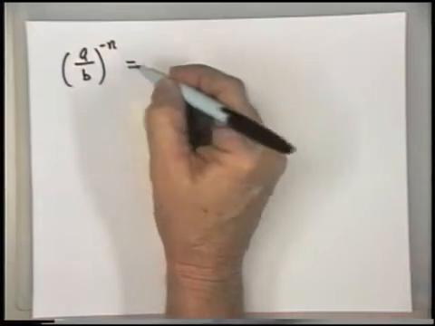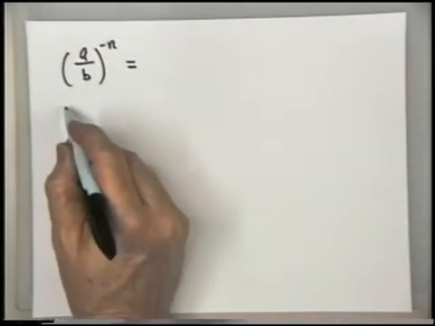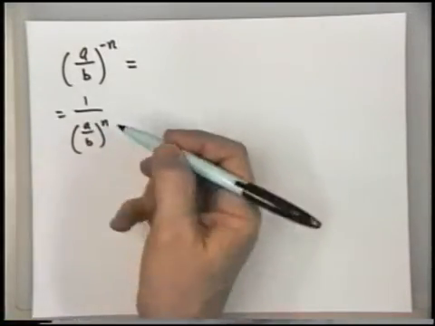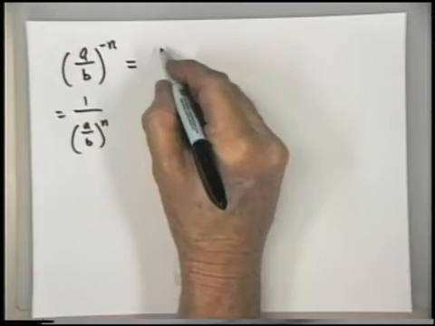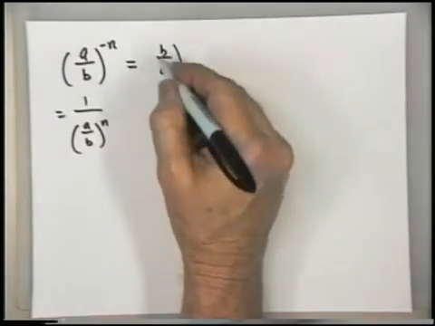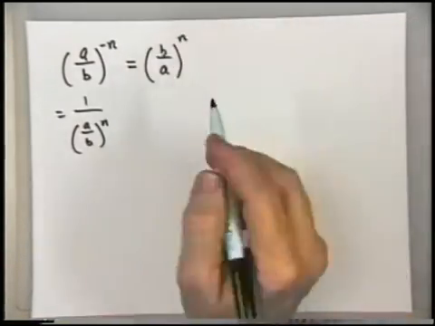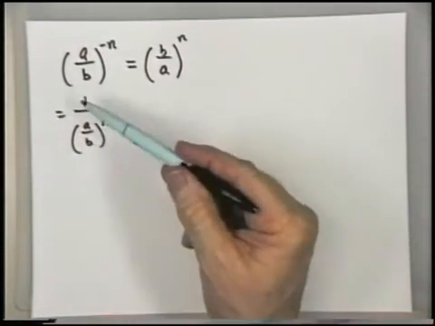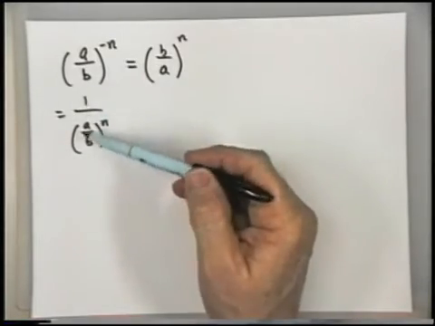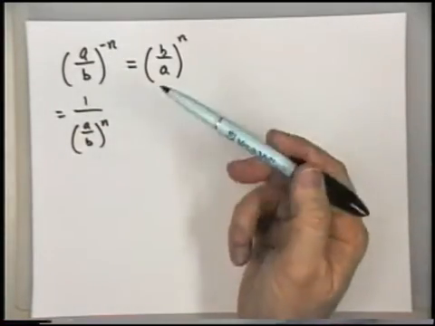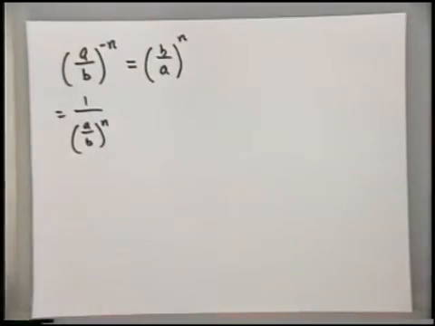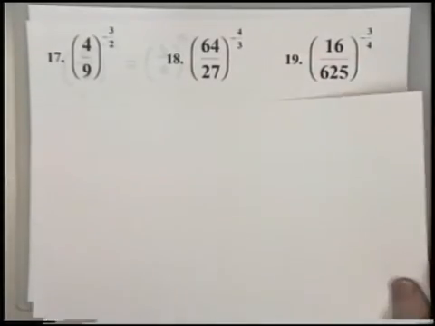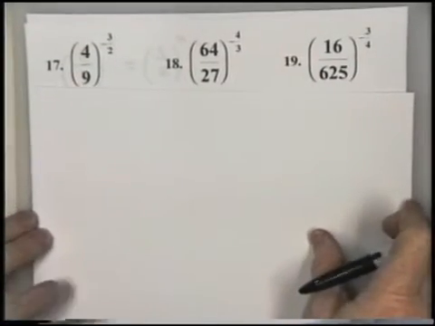And you might recall that a way to simplify that, besides writing it as 1 over A over B to the nth power, is to take the reciprocal of the base and change the exponent to n. And that always is the result of doing this, taking the definition of a negative exponent. So let's do the second one in our exercises in that manner.